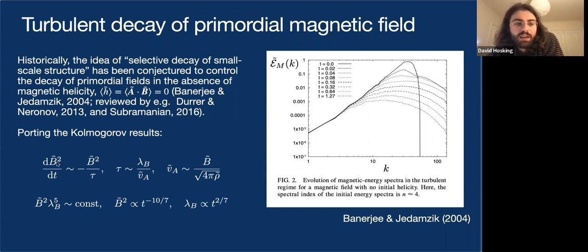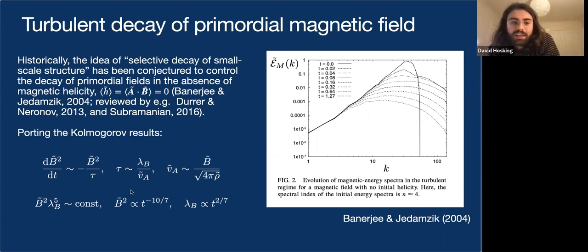So one writes down d b squared by dt is like minus b squared over tau, and this properly rescaled b. Now tau, one argues, particularly in the magnetically dominated case, again, there's really only, well, it would appear only one time scale that there can be.